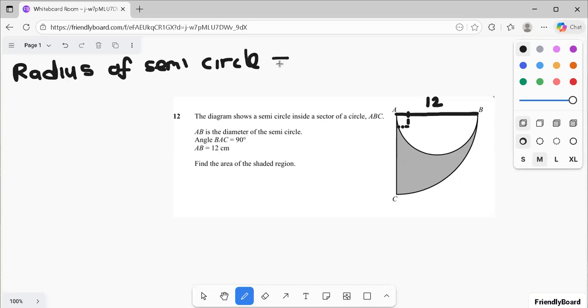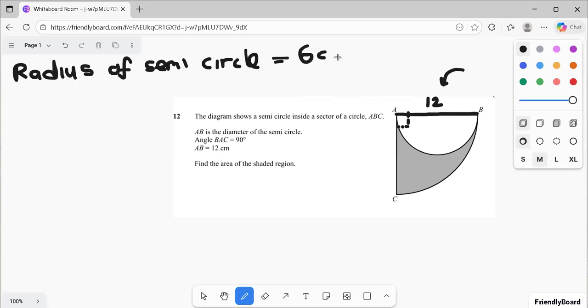This is because the diameter right here is 12, and you know that radius is half of the diameter. So the radius of the semicircle here is going to be 6 centimeters.